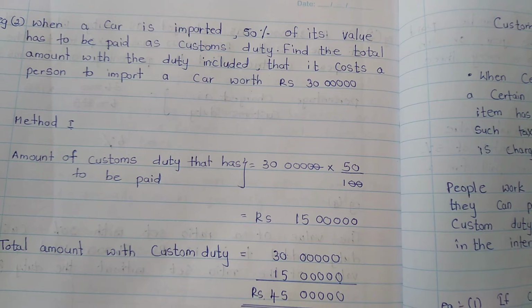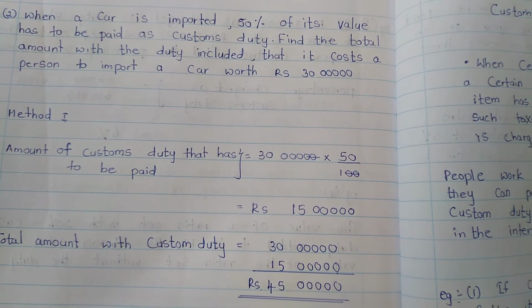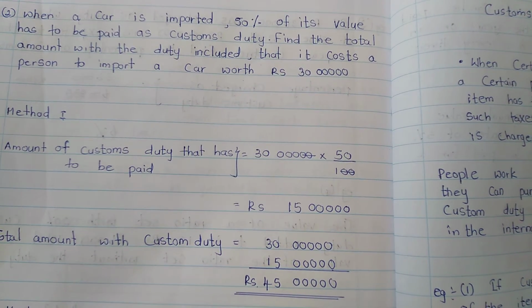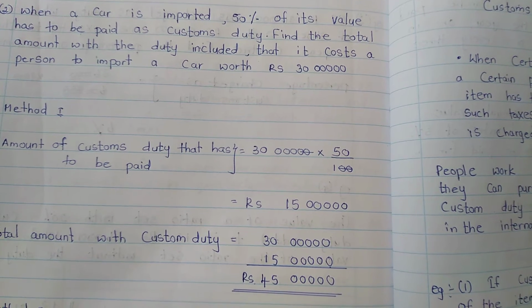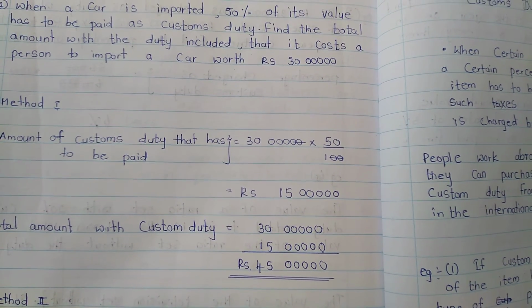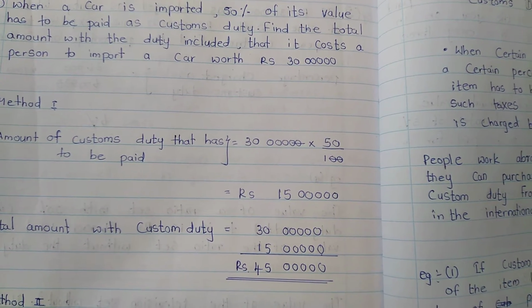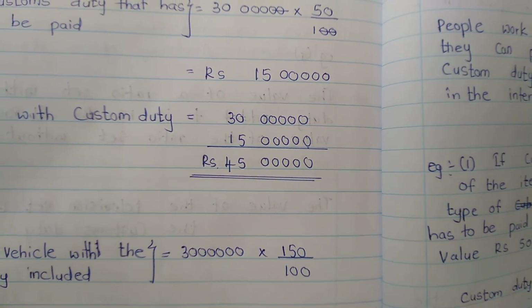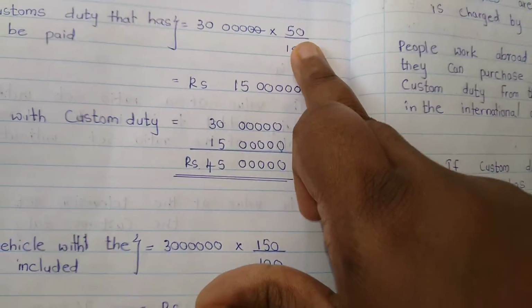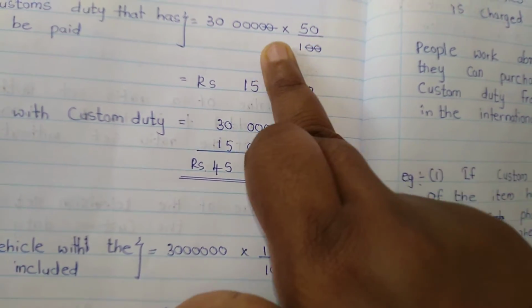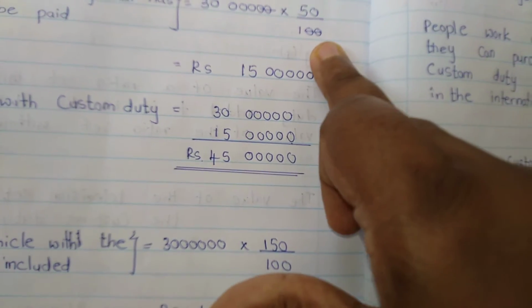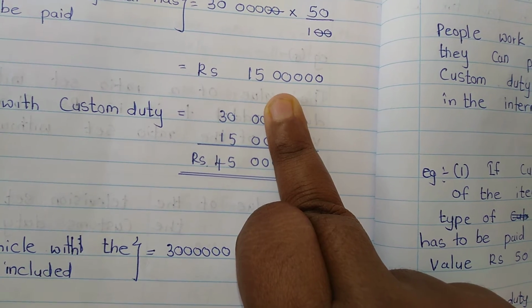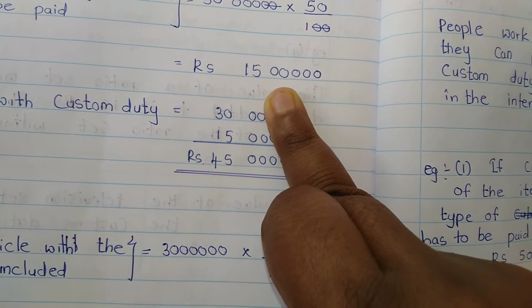Find the total amount with the duty included that it cost a person to import a car worth 30 lakh rupees. Method 1. First we can calculate the custom duty amount. 30 lakh into 50 over 100. Then 15 lakh should pay as a custom duty amount.